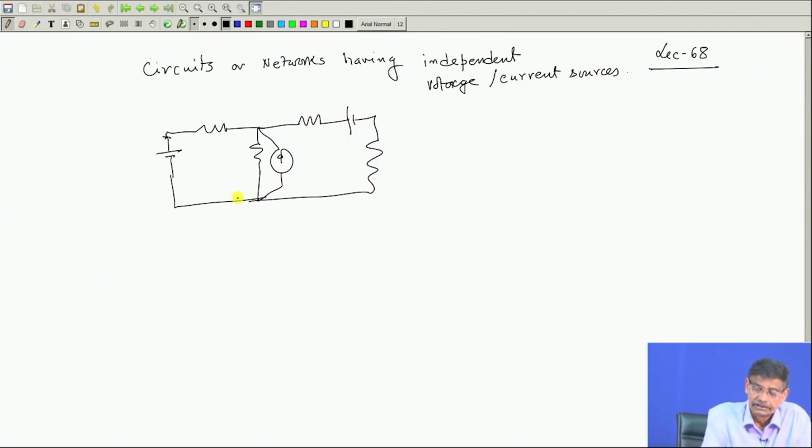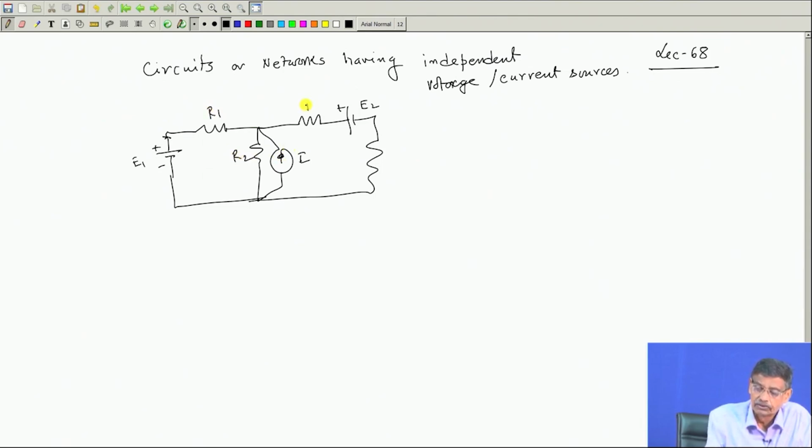These are the symbols for independent sources, say E1, E2, or this is some current source. These parameter values are known.